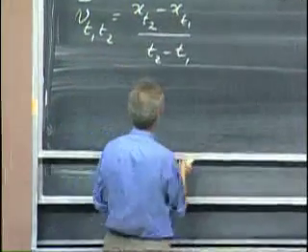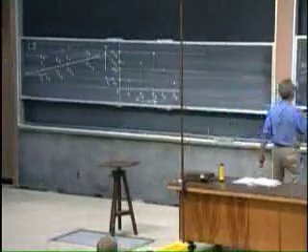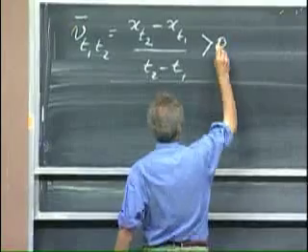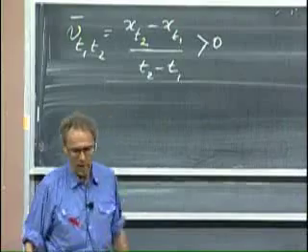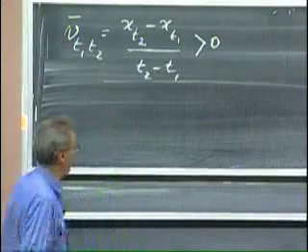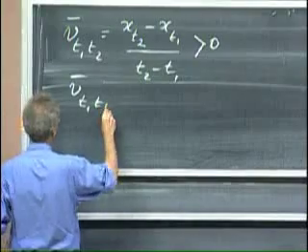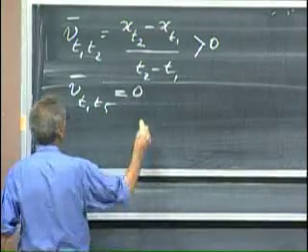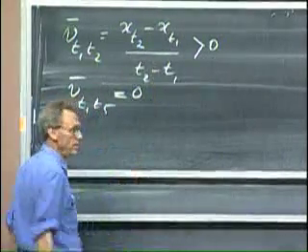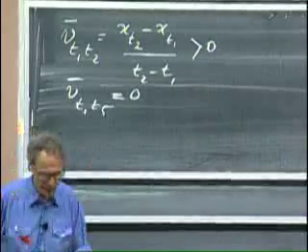In our case, because of the way that I defined the increasing value of x, this is larger than 0. However, if I take the average velocity between t1 and t5, that would be 0 because they are at the same position.